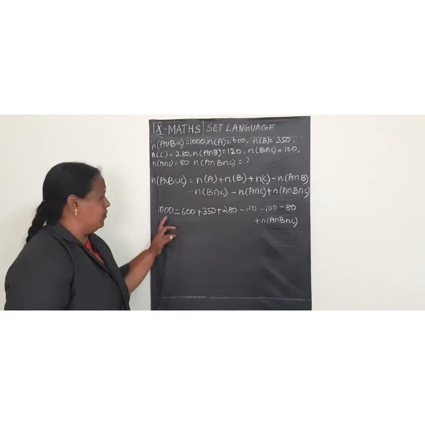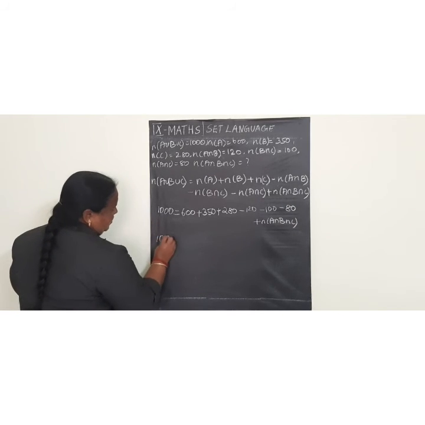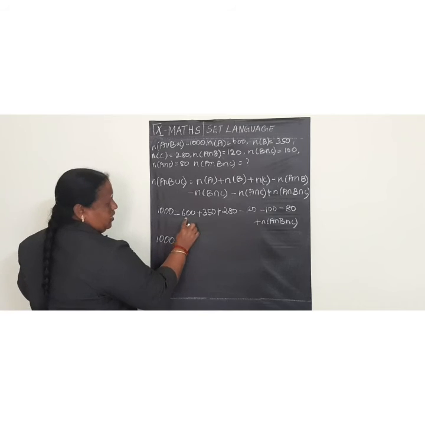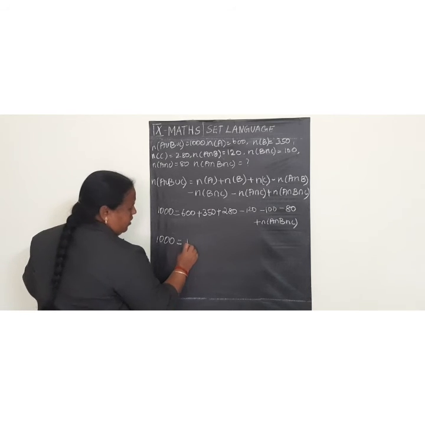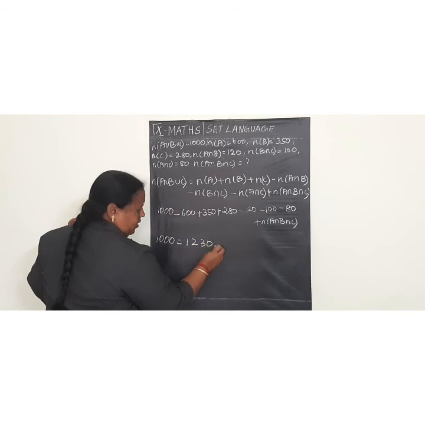So 1000 is equal to 600 plus 350, 950, plus 280 is 1230.